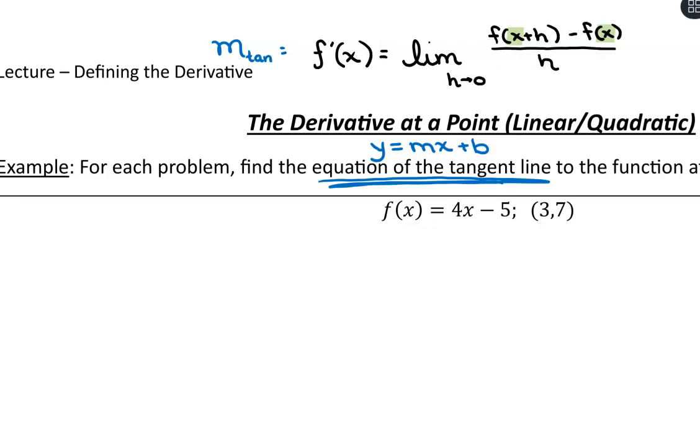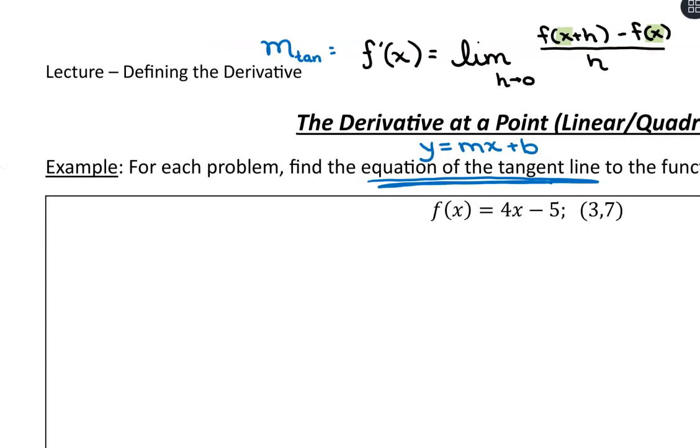Okay, this first case is a linear function, so that can be nice to recognize at the very beginning, that we just have a linear equation and plugging in a coordinate here. So the process, we're going to start with finding our slope, which is going to be from calculating the derivative.